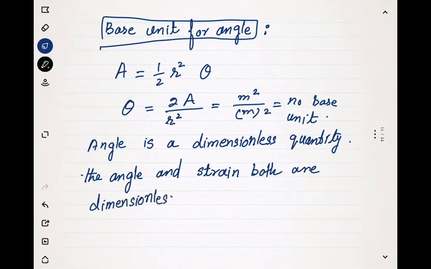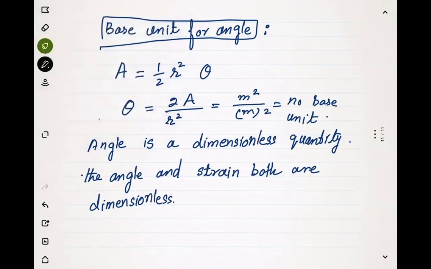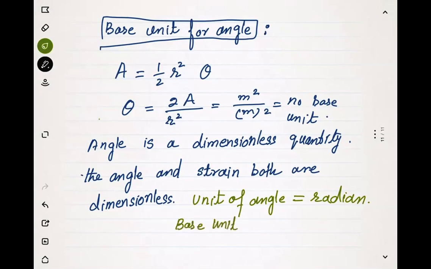So if a quantity has no base units, it is called dimensionless. Now the unit for angle is radian, and the base unit of angle is no base unit, it is dimensionless. Angle has no base unit, that's why it is called dimensionless.